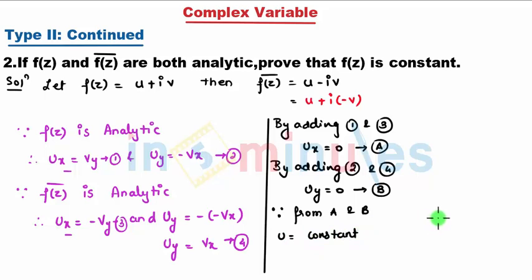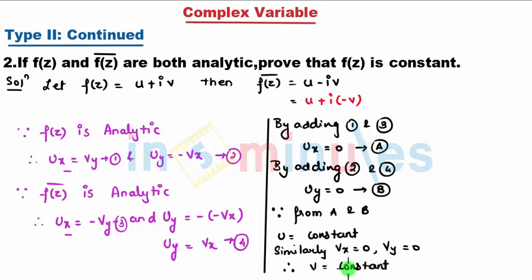Similarly, when we want v as constant, when this minus comes to this side, we can also write that vx will be 0 and vy will be 0. Therefore I can say v is also constant.